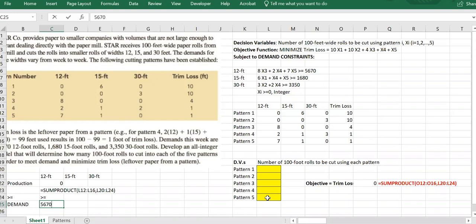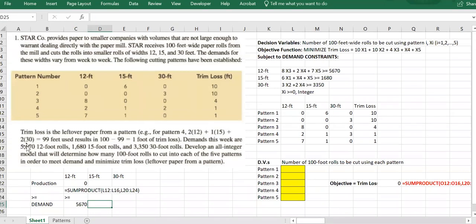5670, and then let me write down the right-hand side for 15, which was 1680, and 3350 for 30 feet. What I can do here is fix the decision variables in my formula.